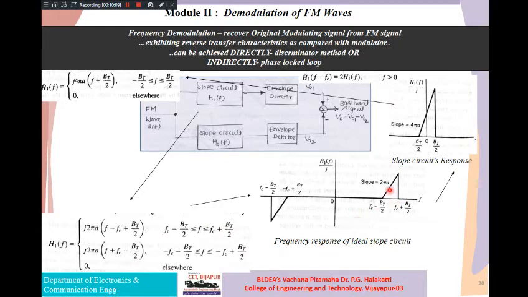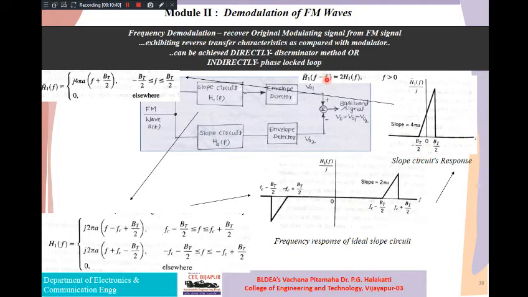So the slope circuit's response is like this. This is the practical slope circuit's response. Normally if you have a very large frequency, for example, if the frequency is non-zero, more than 0, then we'll be having this. So we can write h1 hyphen of f minus fc, it is shifted towards left by an amount of fc here.